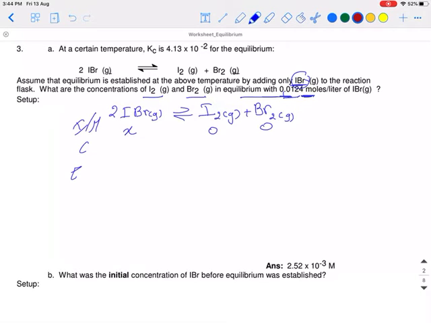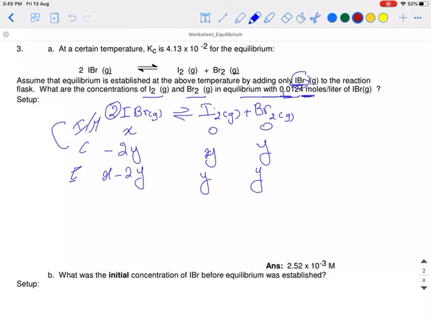So at the beginning, no I2 and Br2. By time, X will be dissociated, I don't know what amount, I will call it Y amount. And don't forget the dissociation and the addition are subject to stoichiometry. So here 2, so minus 2y, this is 1, so this will be y, and this is 1, this will be y. Equilibrium is the summation of the above two steps. So x minus 2y, and this is y, and this is y.